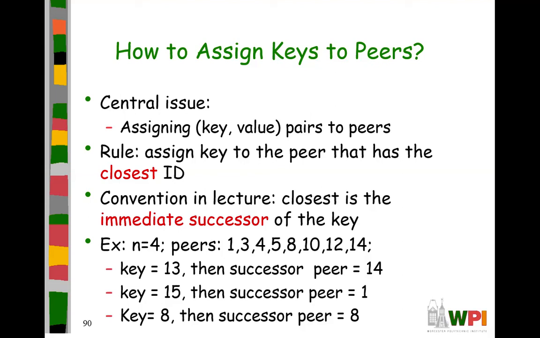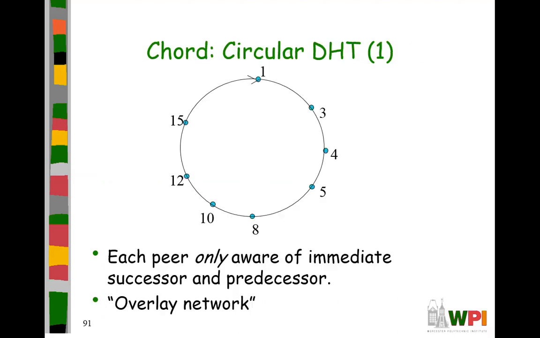So there is a central issue: how is the file searched, that is, which peer has which file? Let me explain with an example first, then it will be clear. Suppose these are the peers, and they have identifiers 1, 3, 4, 5, 8, 10, 12 and 15.